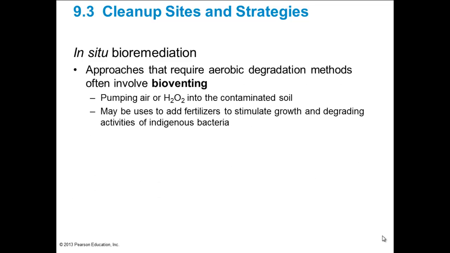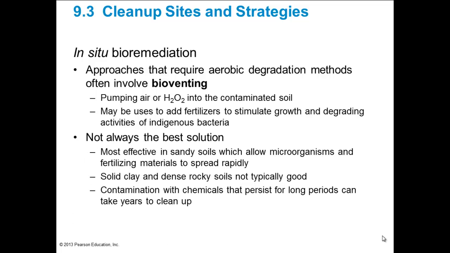So with in situ bioremediation, if you're trying to stimulate aerobic degradation, then you may use a method called bioventing, where you pump air or you pump hydrogen peroxide, which when released will produce water and oxygen, into the contaminated soil. And you may add additional nutrients like fertilizers that will add nitrogen, phosphorus, carbon, and oxygen to the environment to stimulate growth and degradation activity.